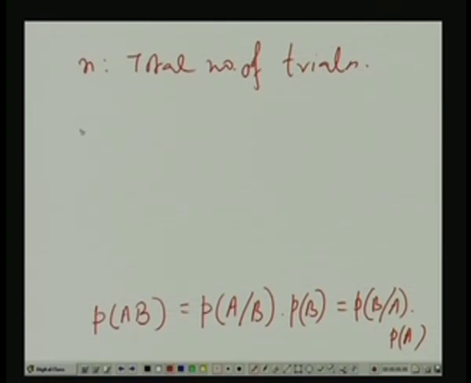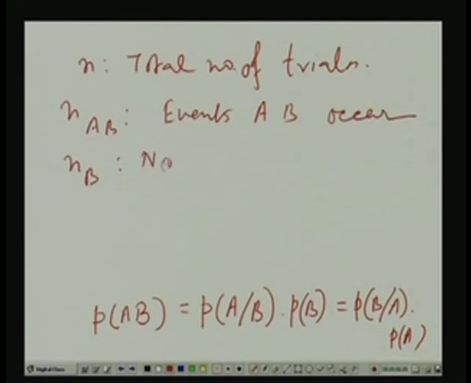Okay. Suppose on N A B occasions the events A B occur, that is A and B occurring simultaneously, that is N A B, and N B is the number of times B occurs.